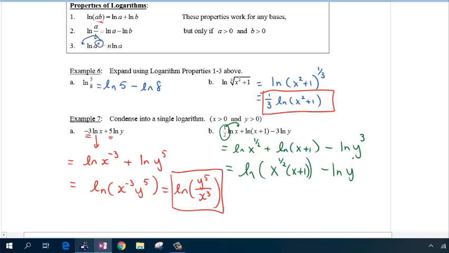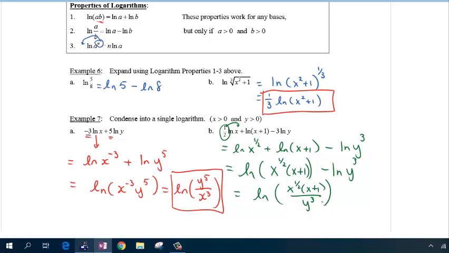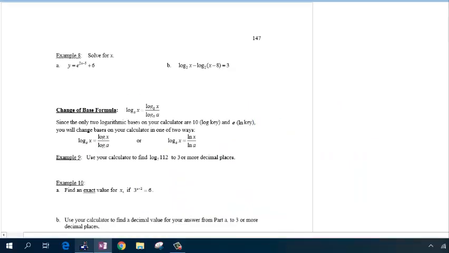Ooh, I see a subtraction that can be combined to become a division. And we're done. Cool. Nice. Alright, next page.